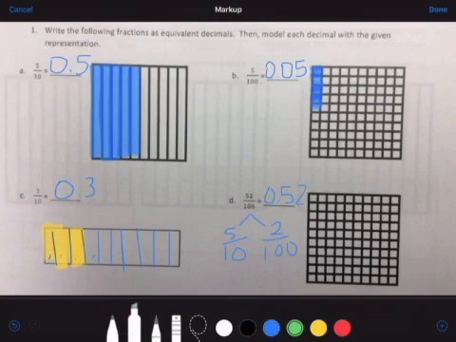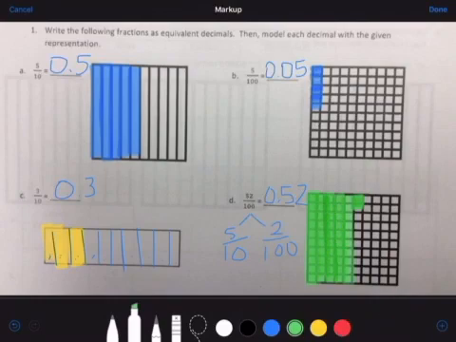And then I can go ahead and shade in 10, 20, 30, 40, 50, 1, 2, 52 hundredths, or 1, 2, 3, 4, 5/10 and 2 hundredths.